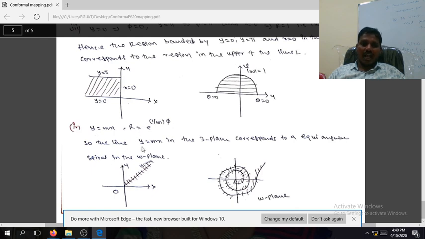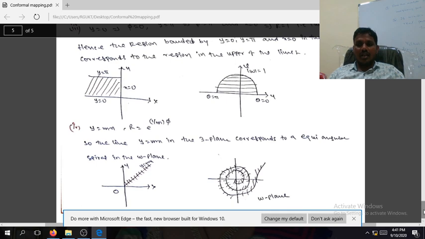Y is equal to mx means the straight line passing through the origin. The line y is equal to mx in the z plane corresponds to the equiangular spiral in the w plane.